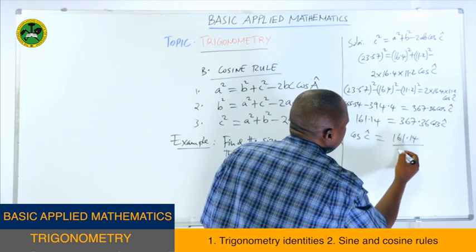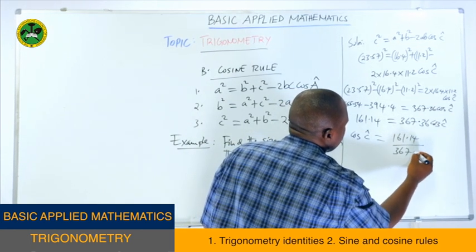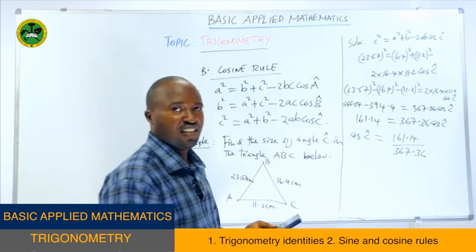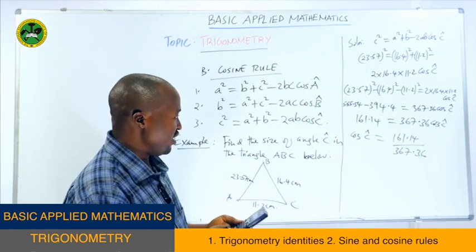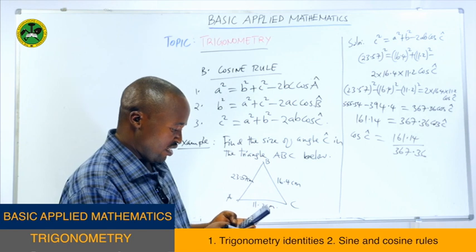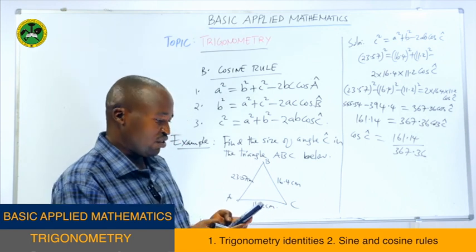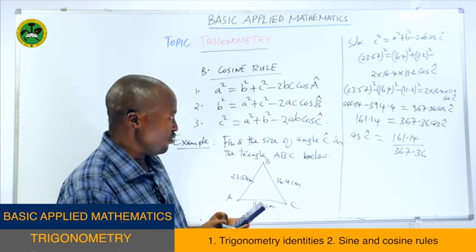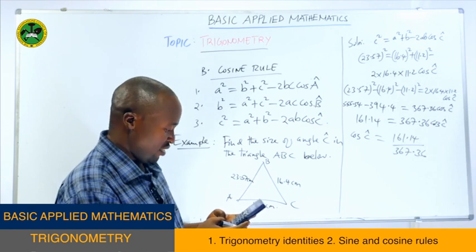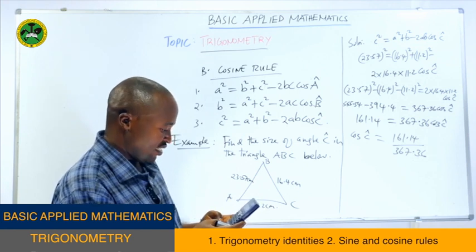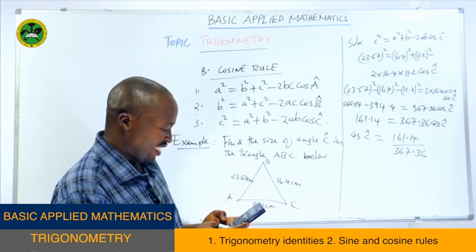Now we just divide: 161.14 divided by 367.36.